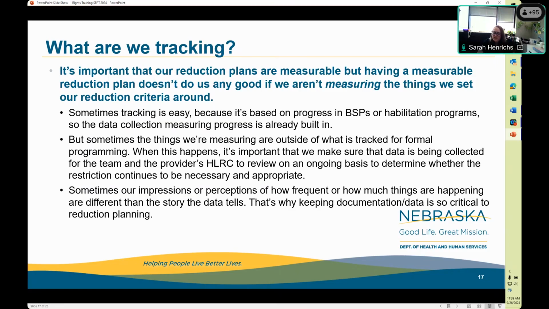But the data is showing that it is so rare and that the risk isn't quite what we're perceiving. And so we need to really focus in on what the evidence is telling us the risk is in our consideration, and that doesn't necessarily mean that reduction is appropriate.